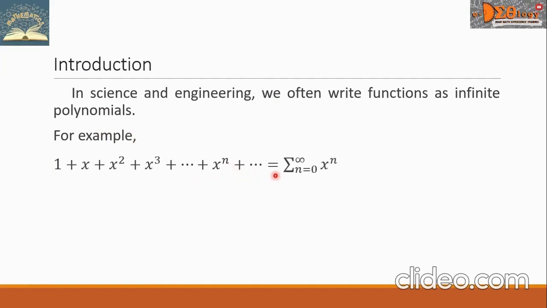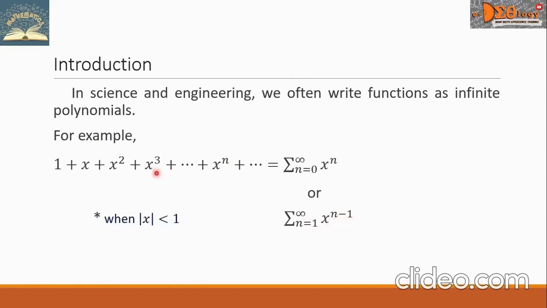We can write this in sigma notation as summation from n equals 0 up to infinity of x raised to n. Or we can write it as summation from n equals 1 up to infinity of x raised to n minus 1.